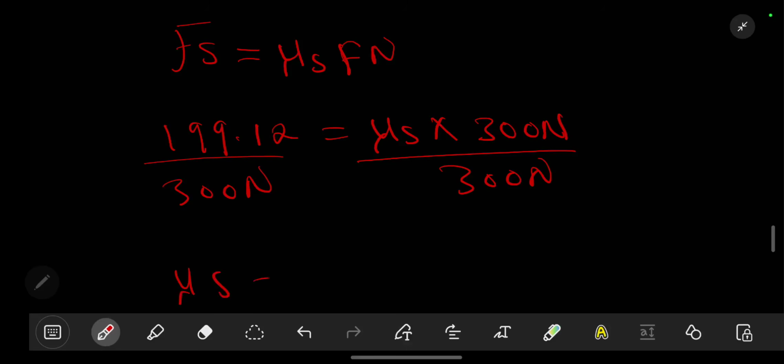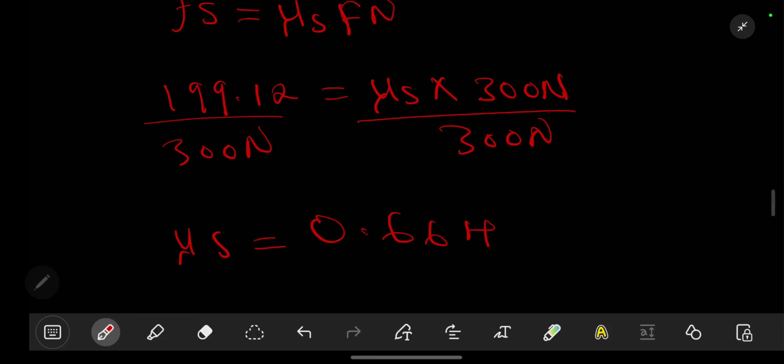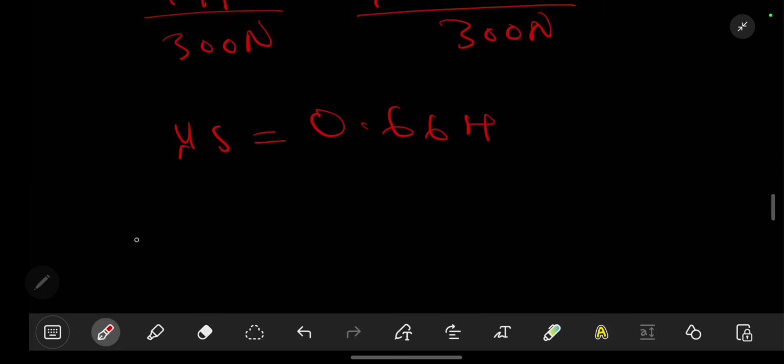So our coefficient is equal to 0.664, like that. So this is the coefficient. So to sum up, we have our Fs equal to 199.12.